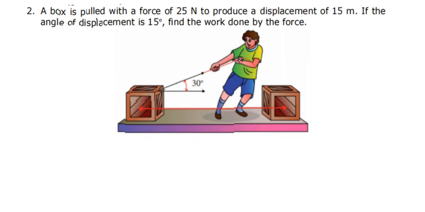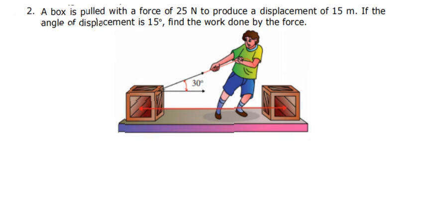Let's come to question number 2. Now we're told that a box is pulled with a force of 25 Newton to produce a displacement of 15 meters. If the angle of displacement is 15 degrees, find the work done by the force. So what are we going to do?